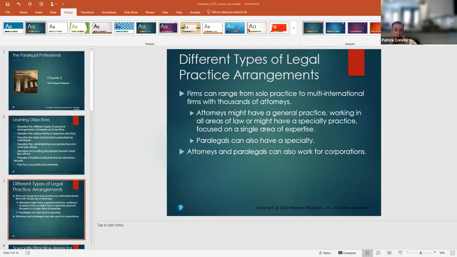Now, if we go to another well-known firm in New Orleans, also with many attorneys, these people only specialize in personal injury or tort law. It's either car accidents or hurricane claims.